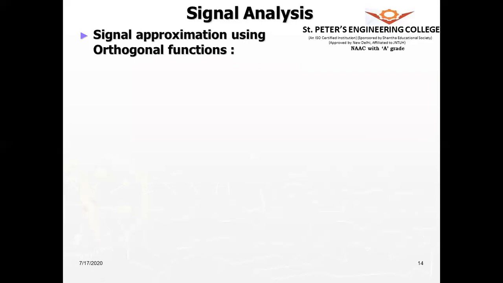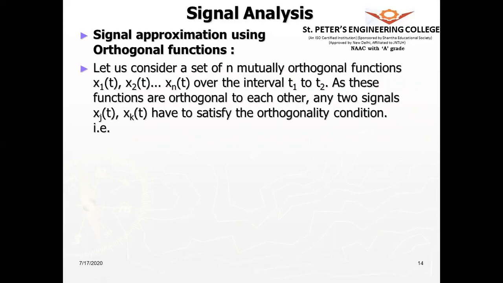Next, let us look into the signal approximation using orthogonal functions. And then we find out the mean square error. Let us consider the n mutually orthogonal functions x1 of t, x2 of t, etc. up to xn of t over the interval t1 to t2.